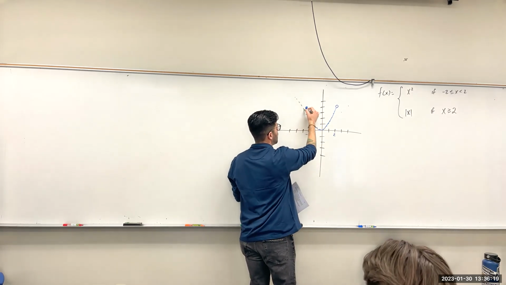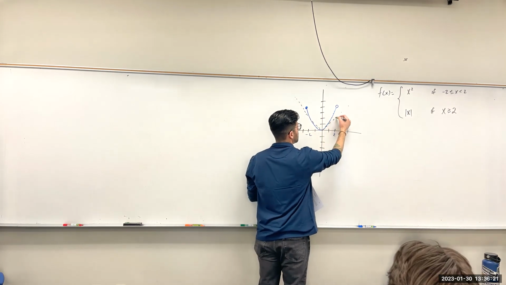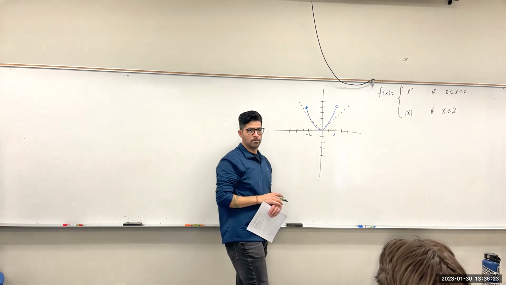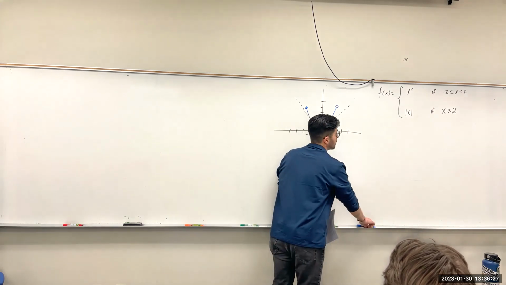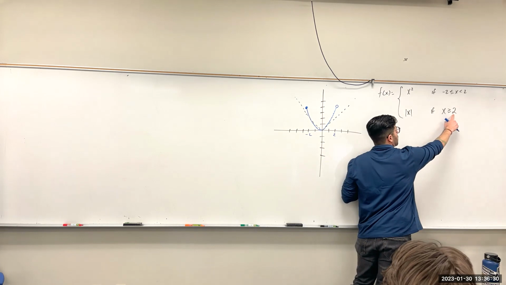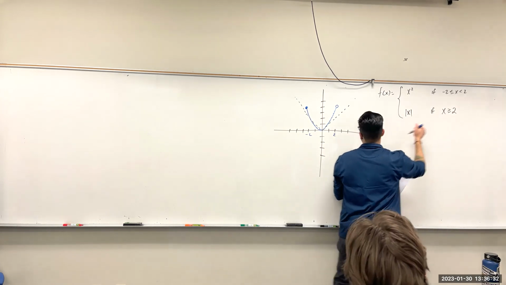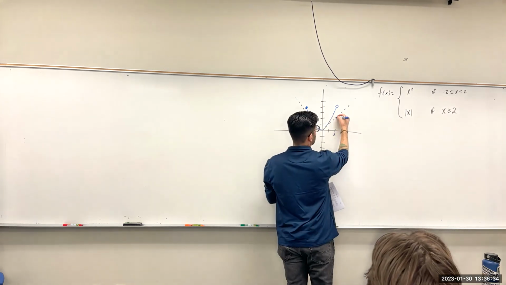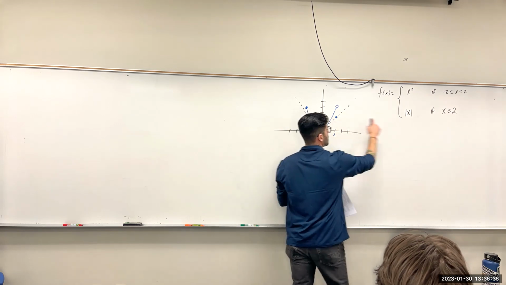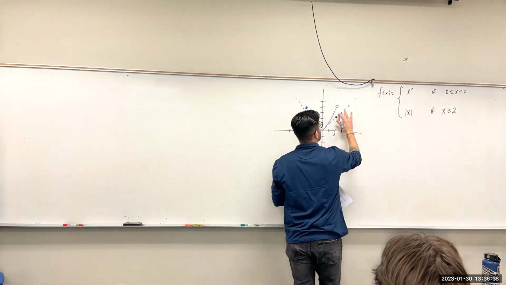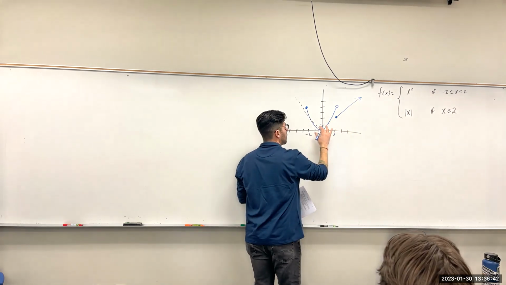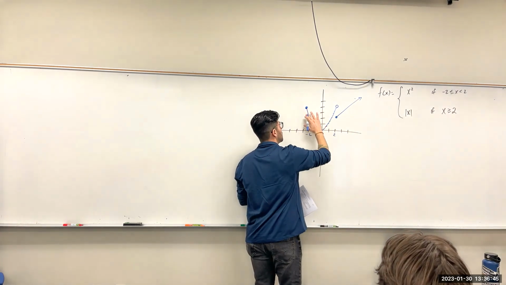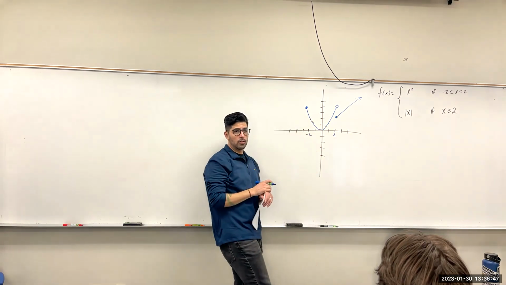But you're only going to graph it from 2 on, right? So from 2 on, I do a closed circle because it equals there at 2, and then I draw the rest of the V shape and ignore the other part of the absolute value graph. So it hopefully looks something like that.